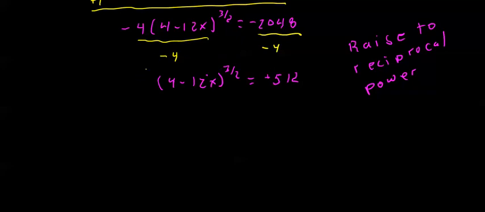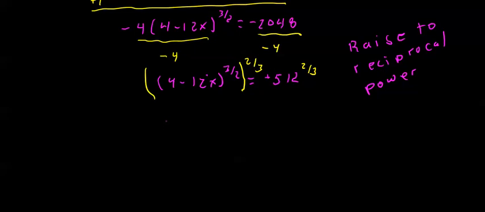I raise this to the 2/3 power, and I raise this to the 2/3. Why the reciprocal? Because the product of a number and its reciprocal is 1. The power to a power rule says we multiply these exponents. 3 halves times 2/3 is 1.